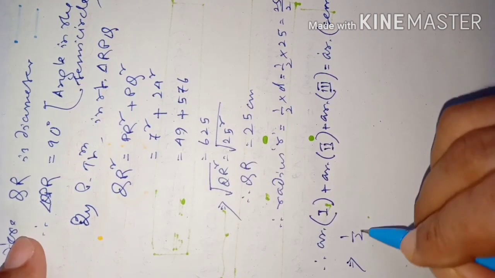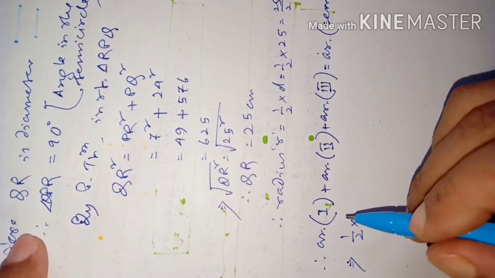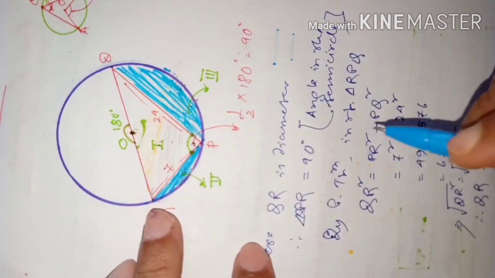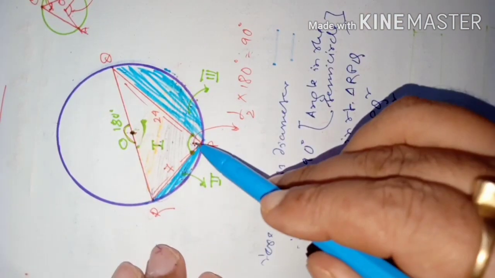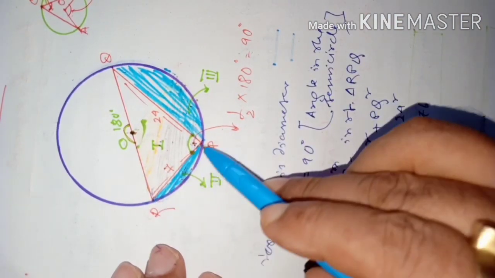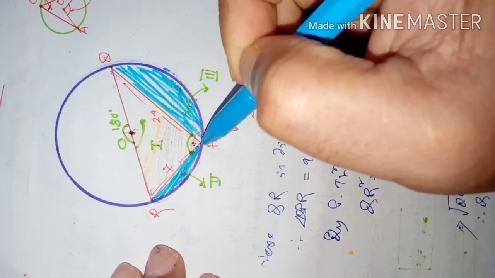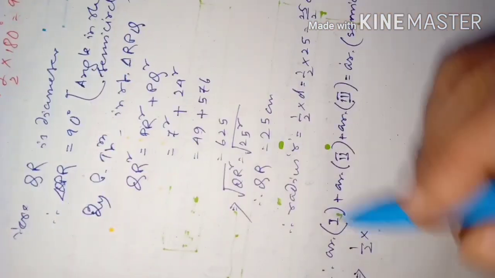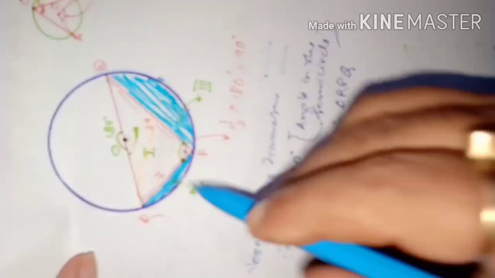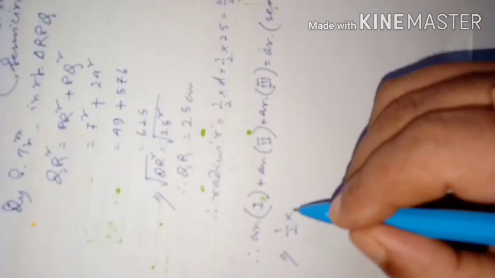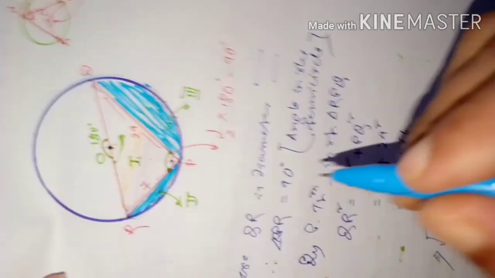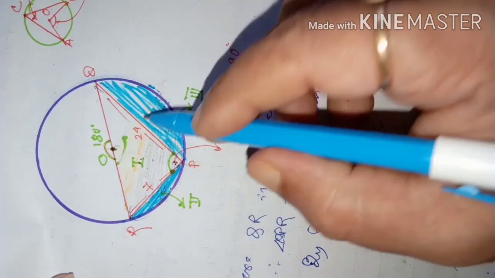Triangle. Half into base. Base is here, you see, dear students. Since this is 90 degree angle, this you can consider as base, and this you can consider as height. So you can write here half into base 7. This is 7. Base 7 into height PQ. PQ is 24.